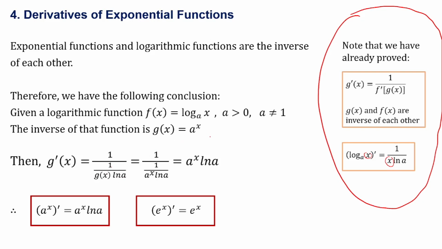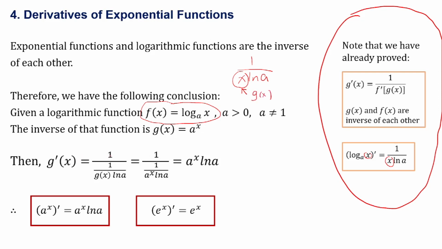right? Because the derivative of f(x) with respect to x for this function is 1 over x times ln a, right? x is your independent variable. Therefore, the derivative of f with respect to g(x) is simply to replace the independent variable x here with g(x), right?